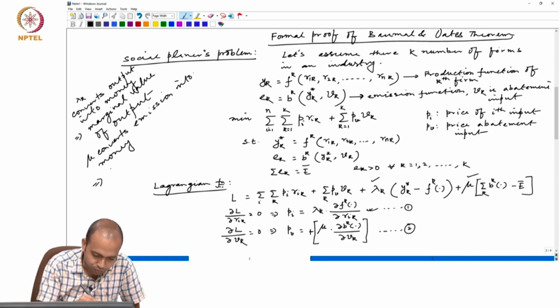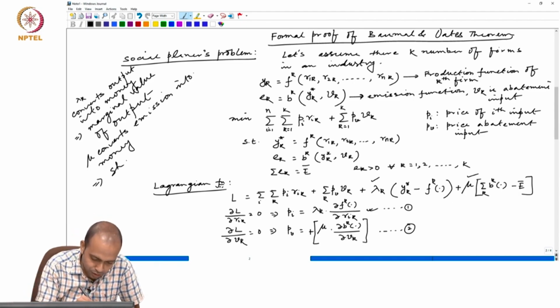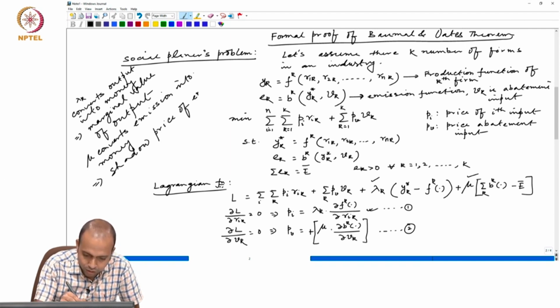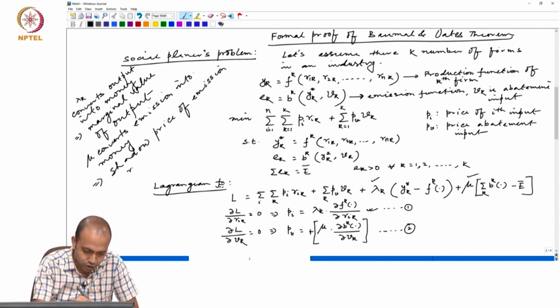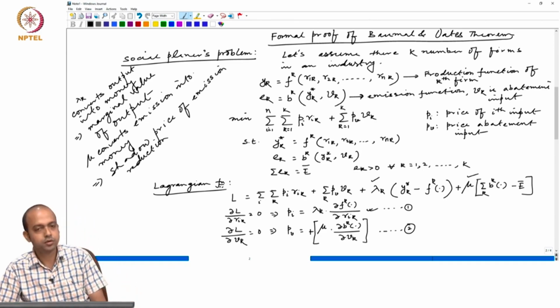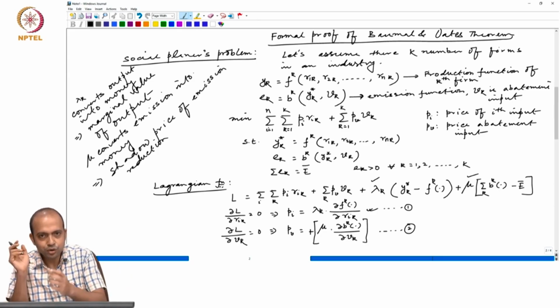That is why mu is called the shadow price of emission, or you can say emission reduction, because Bk minus E is nothing but we are trying to reduce the emission, and if that is the case, what is mu?